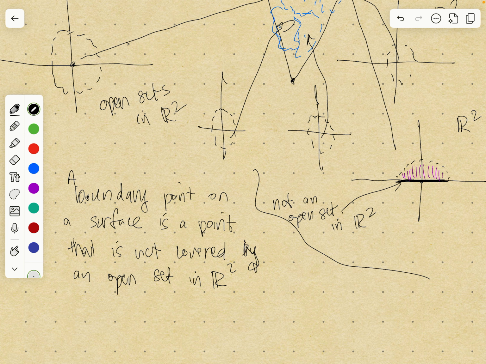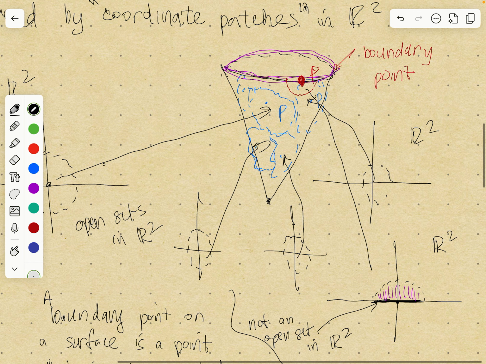Okay? So what would be the boundary points of this cone? Well, if you think about it, it would be all these points, and technically we should be talking about the cone excluding the origin. When we're talking about the cone excluding the origin, the boundary points are the points on this circle.